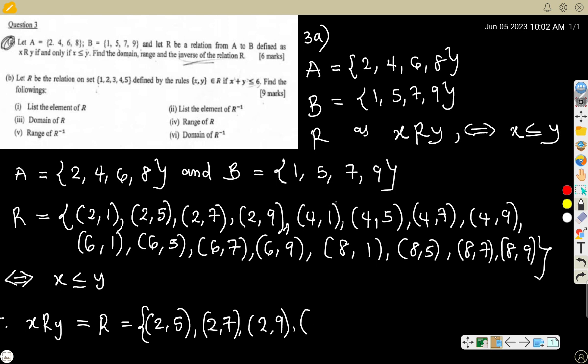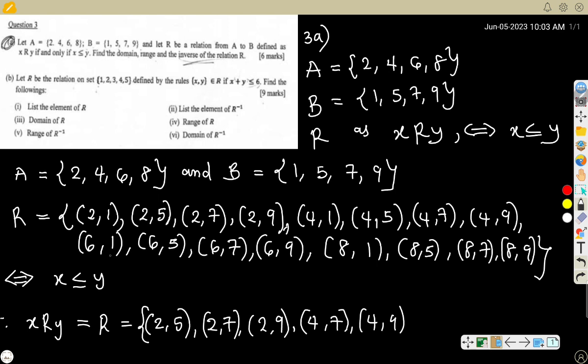So I can't pick 4, 1 because 4 is more than 1. So the condition is x must be less than or equal to y. So the first number must be less than or equal to the second number. So I can pick 4, 7. I can pick 4, 9.